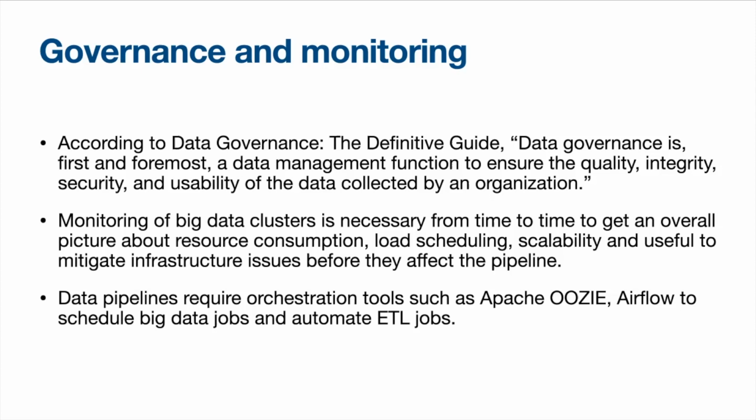And finally, data pipelines require orchestration tools such as Apache Oozie or Airflow to schedule big data jobs and automate ETL jobs as well. You might wonder whether a simple cron job on your Linux server can be applied to the situation.